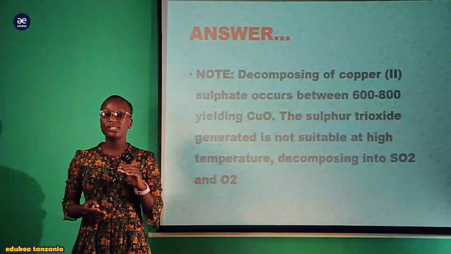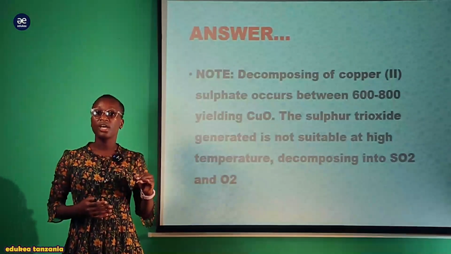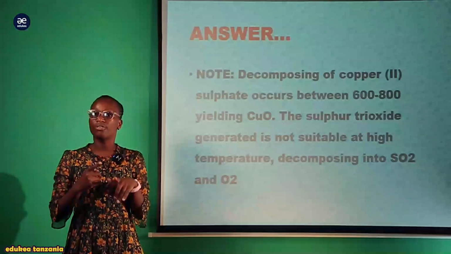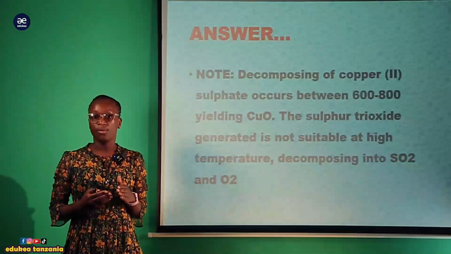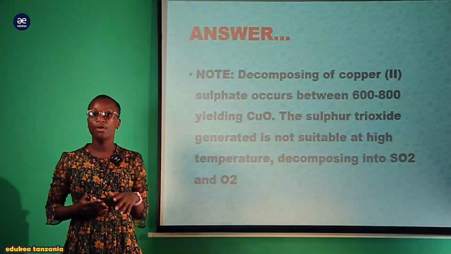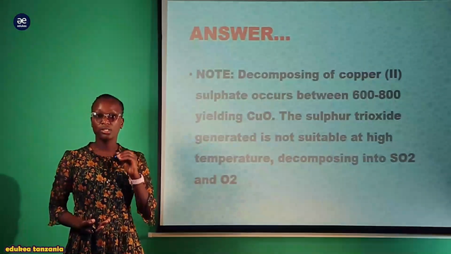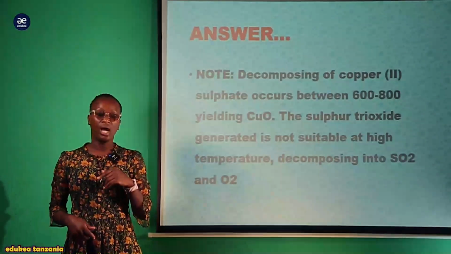But because this reaction ina take place katika high temperature ambayo temperature yenyewe ina range kwenye 600 mpaka 800, therefore hii reaction haito favor, this product will not be favored. Therefore ile sulfur trioxide pia itadissociate, ambapo ikidissociate tunaenda kupata sulfur dioxide na oxygen gas.